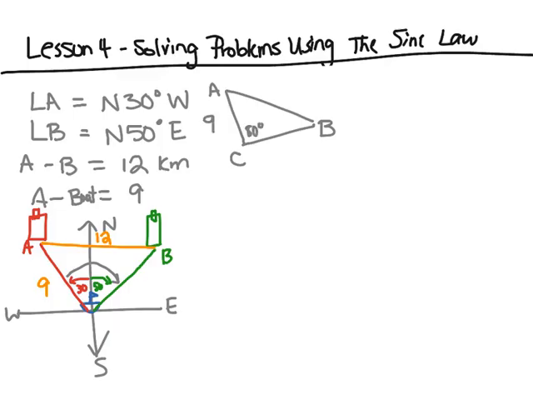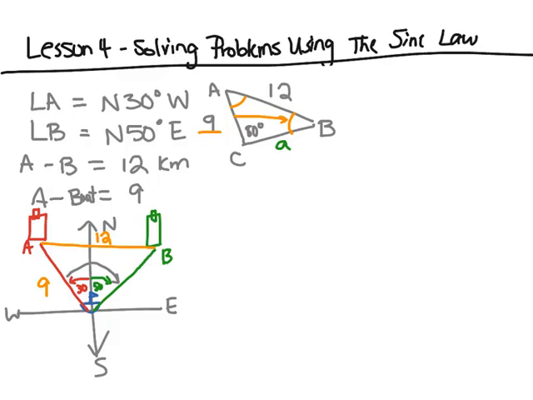This is 9, and this is 12. We need to find side A, the distance between the boat and lighthouse B. So that means we have to find this angle first, because we know this side.